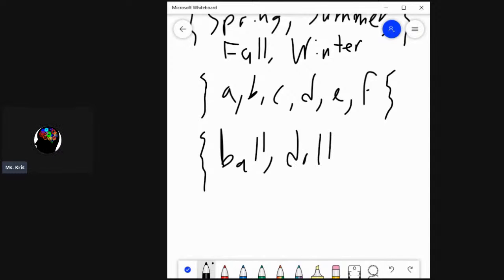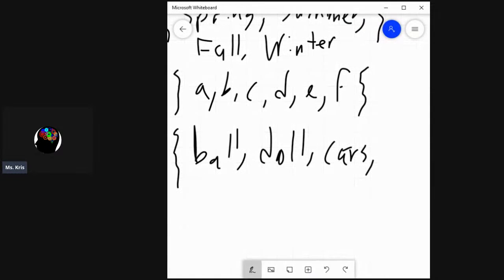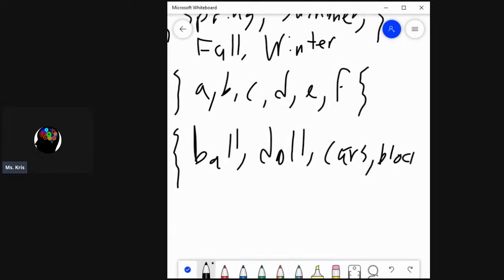Ball, doll, cars, blocks. That is considered a set. And within that set, each individual word, letter, or object is called an element or member of the set.